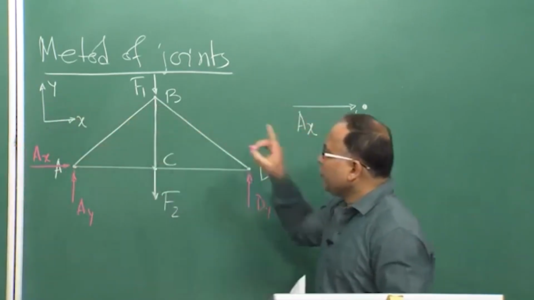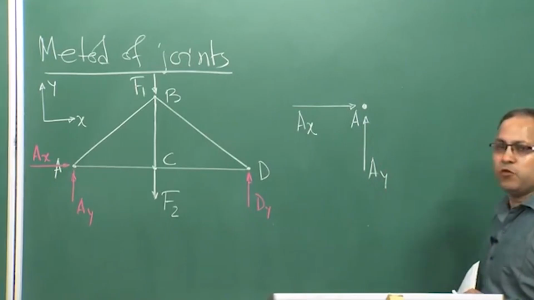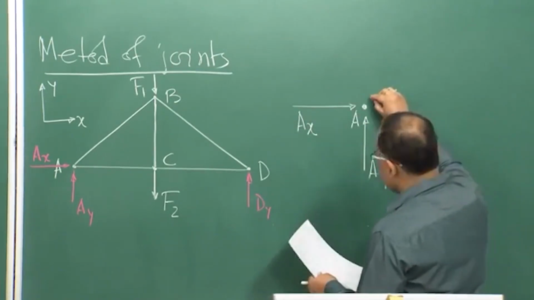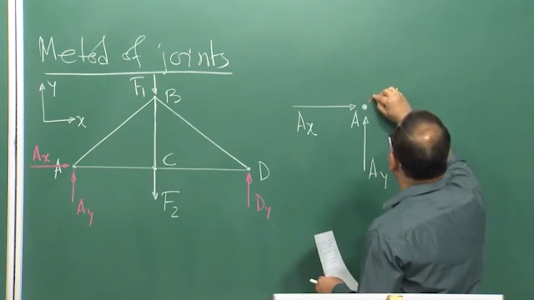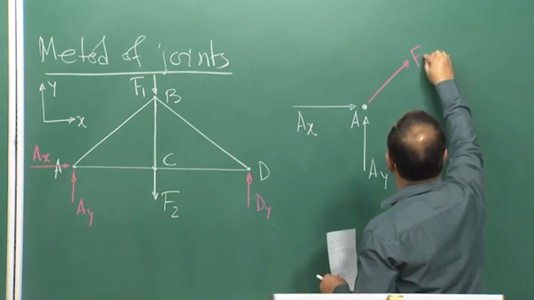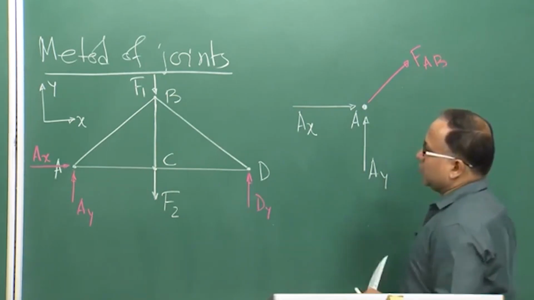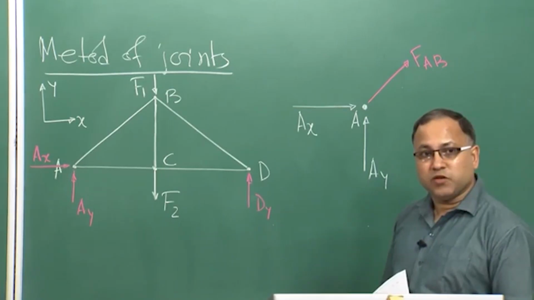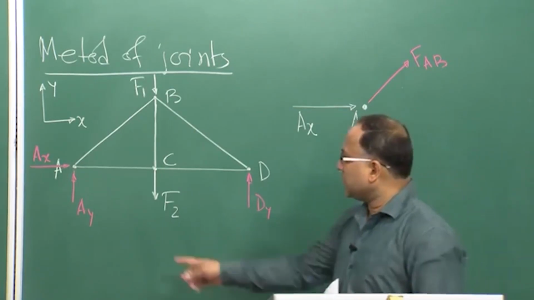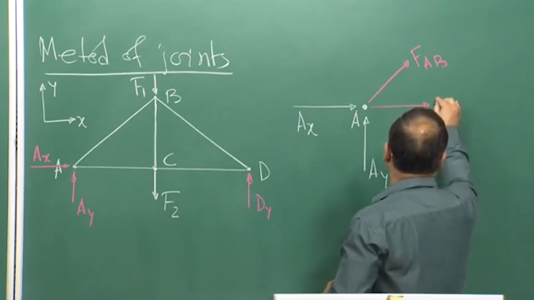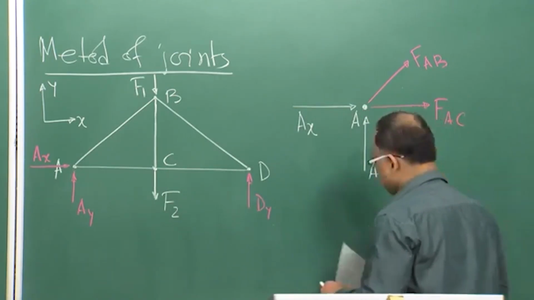So, the line of action of member force AB will be along the line AB. So, that I am showing as FAB. And what is the other member which is emerging from joint A? That is AC. So, FAC.